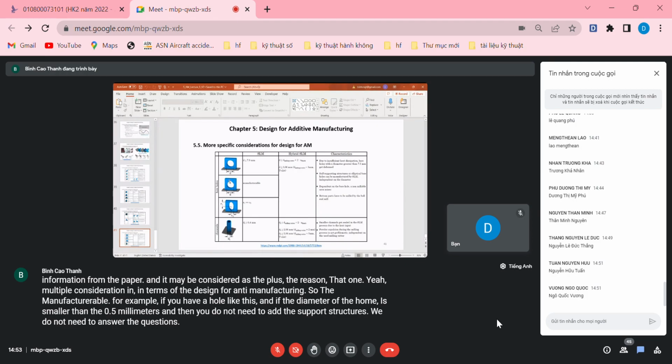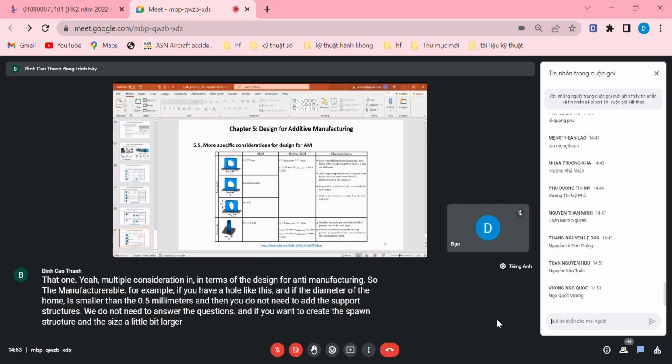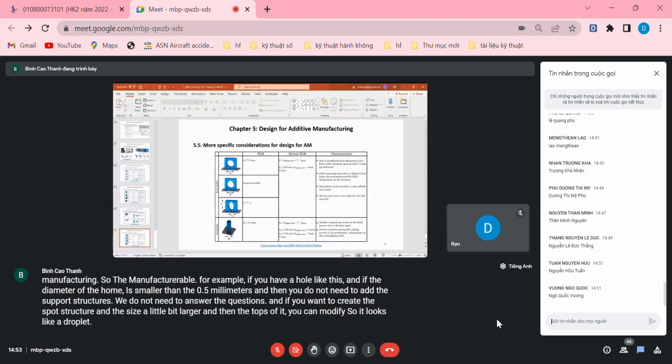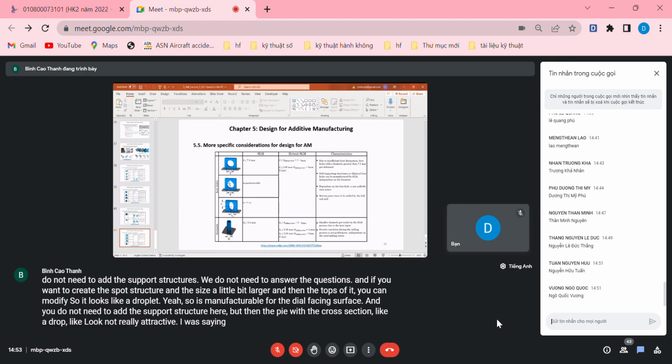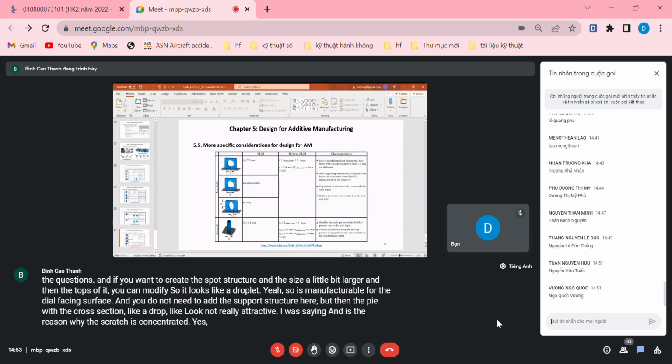And if you want to create a hole where the size is a little bit larger, then the top surface you can modify so it looks like a droplet. So it's manufacturable for the down-facing surface, and you do not need to add the support structure here. But then the hole with a droplet cross section does not look really attractive, I would say. And this is where the stress is concentrated, because you have the sharp edge here.